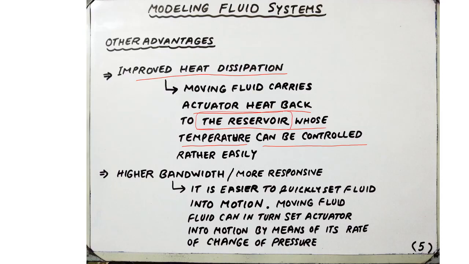The other advantage of hydraulic and pneumatic systems is that of a higher bandwidth. In simple words, a system with higher bandwidth is a system which responds faster to the input, that is, a more responsive system. It is a lot easier to quickly set a fluid system into motion, and fluid motion can in turn be translated into actuator motion by means of the rate of change of pressure.